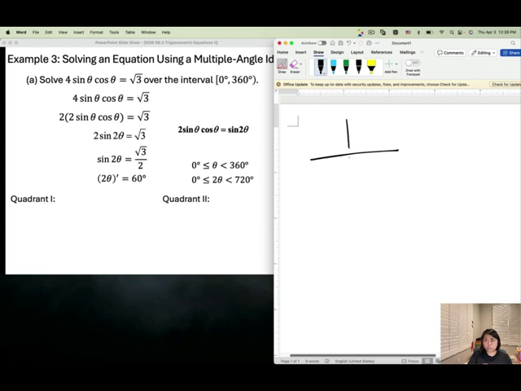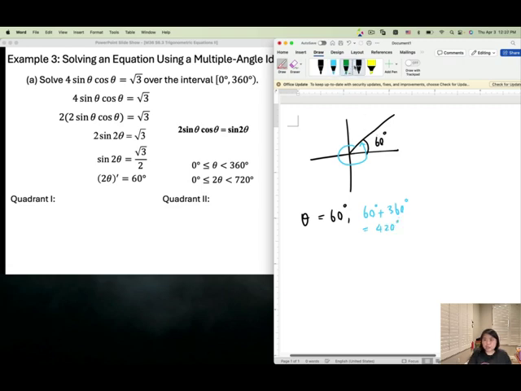Okay, for quadrant 1, my reference angle will be 60 degrees. But this is talking about 2 theta, and 2 theta is from 0 to 720 degrees. So in quadrant 1, the first angle will be 60 degrees. And then we could keep adding on it. The second angle will be 60 plus 360, which is 420 degrees.